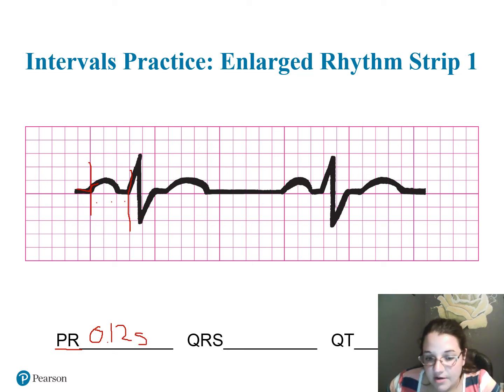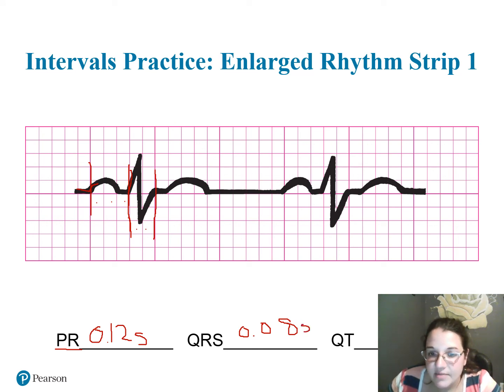Is my PR interval in between 0.12 and 0.20 seconds? Yes. QRS is from the beginning of my QRS to the end of my QRS. Beginning to end. How many boxes are in between? 2. What's 2 times 4? 8. 0.08 seconds.